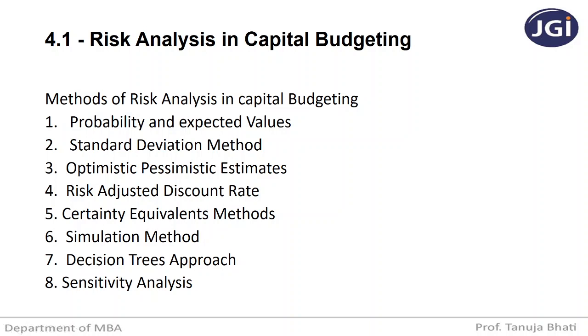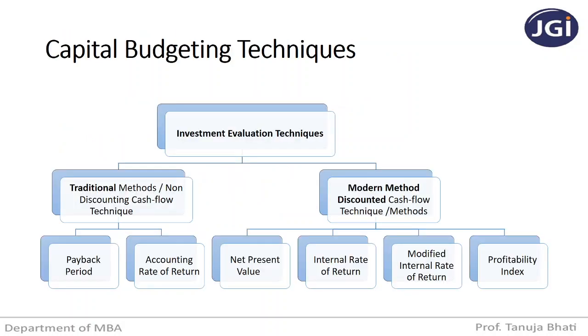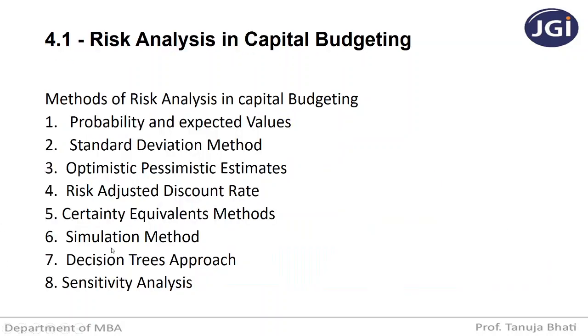Next is the simulation method. Under the simulation method, it is a very simple method for evaluating investment projects, and this method is used when the projects are highly uncertain in nature, because there are various uncontrollable factors that simply add on to the risk.